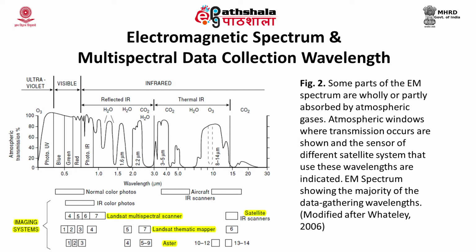It has 1, 2, 3 that is close to your visible spectrum, and then 4 to 9, that is 4 and 5 to 9, in the reflected IR, and then if you look at the thermal IR, there we have 10 to 12 and then 13 and 14. So, these are the different imaging systems where we take pictures or images for different wavelengths of the electromagnetic spectrum.